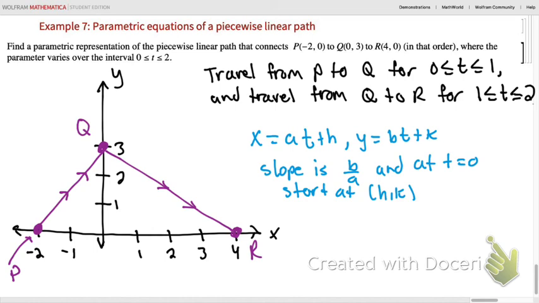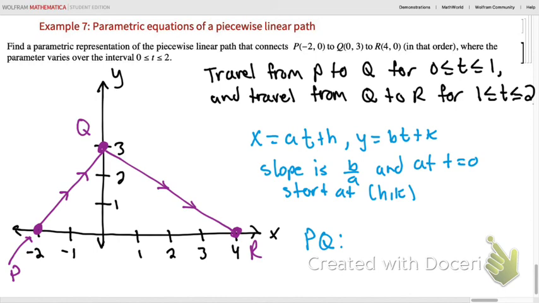So I'll write it down for P to Q, and then I'm going to have to write it somewhere else to make more room when I find the parameterization of Q to R. Okay, so let's say I'm doing P to Q. And I want to start at P and end up at Q after 1 second.